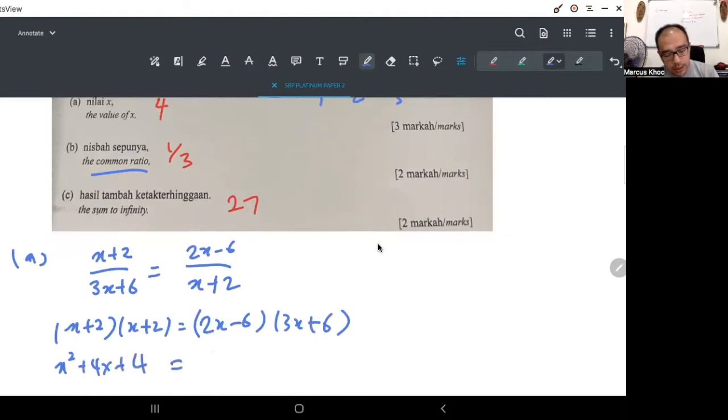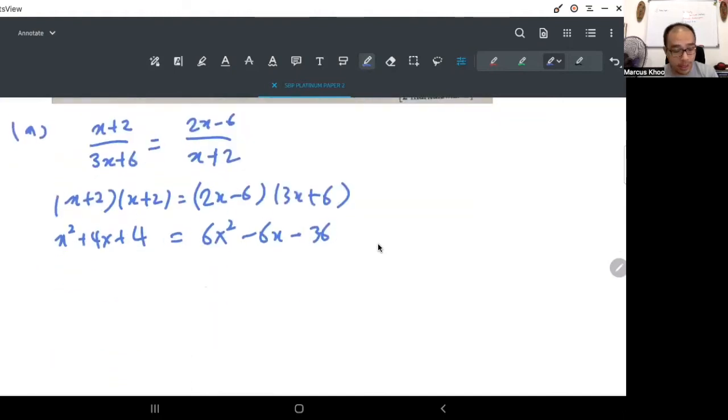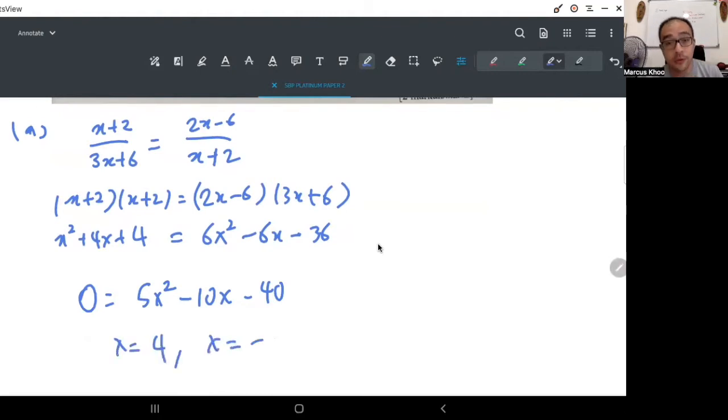Then we pindah across, you'll get 5x squared minus 10x minus 40. So I will get x equals 4 and x equals negative 2.